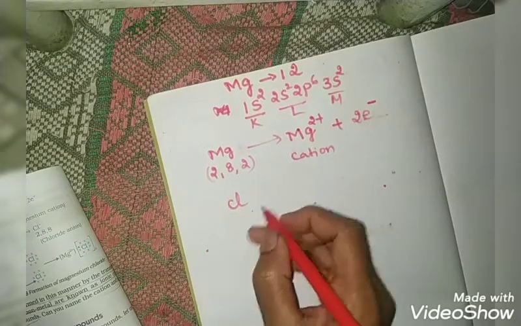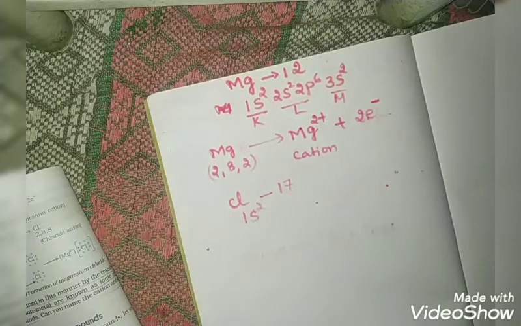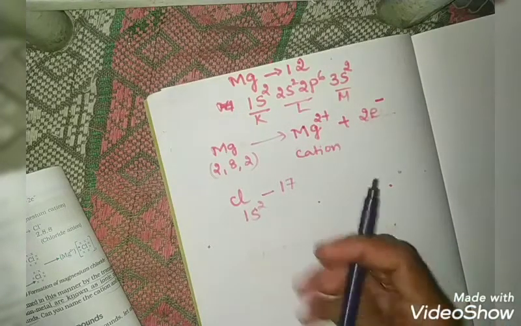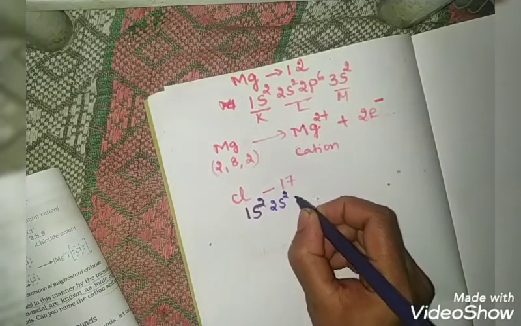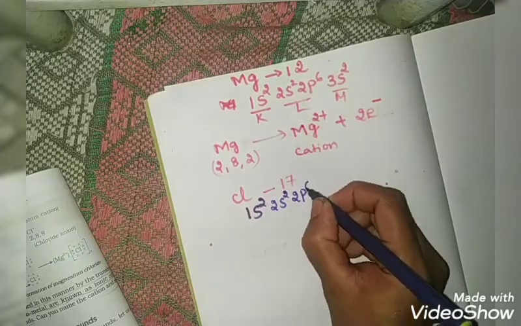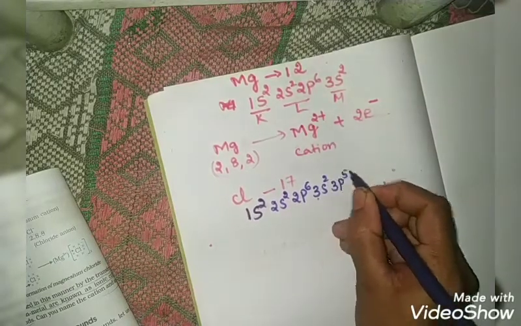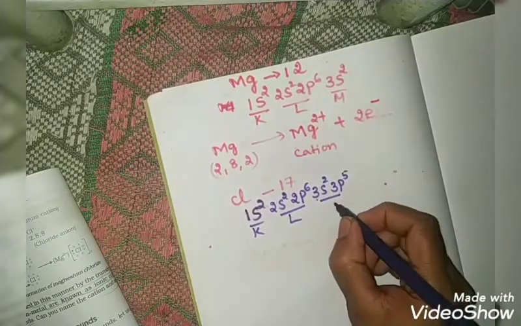Chlorine we studied already, 17, 1s2, 2s2, 2p6, 3s2, 3p5. Here you can observe, children, K, L and M shell.